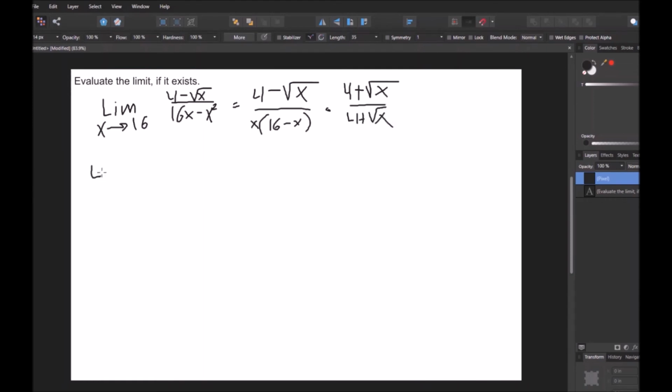So what I'm going to have here is the limit as x approaches 16 of 16, and then basically what happens is you go 16 and then 4 times square root of x, and then negative 4 times the square root of x, and those would end up canceling out.